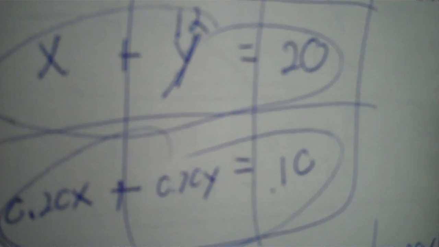So how many halves go into 6? 12. Okay, so the high concentration, I need 12 ounces of the 70%. Then 20 minus 12 is 8. Okay. 8 at the 20%.